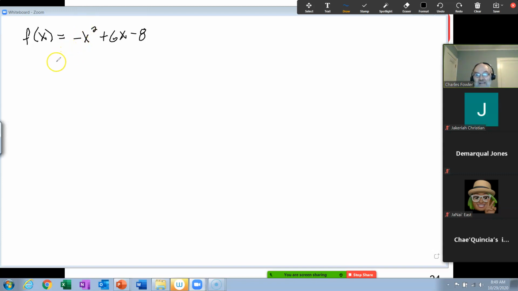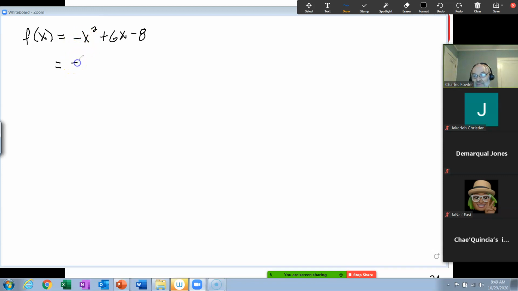Okay. Now, first thing we do, we need to get this function in standard form. Now, the first thing to do with standard form is factor out the a. Remember, the a is the coefficient of your quadratic term, the one with the exponent of 2. Well, the coefficient here is minus 1.